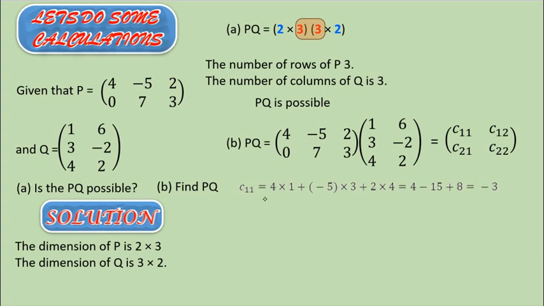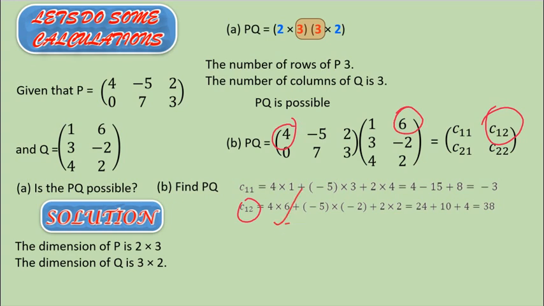So now the same way we are going to get the element that will be in this position 1, 2. That element in position 1, 2 will give me C12 here. How do we get that C12? That means the first element in row 1 will multiply the first element in this, giving us 4 times 6.